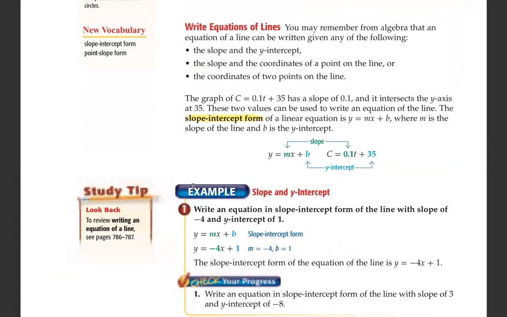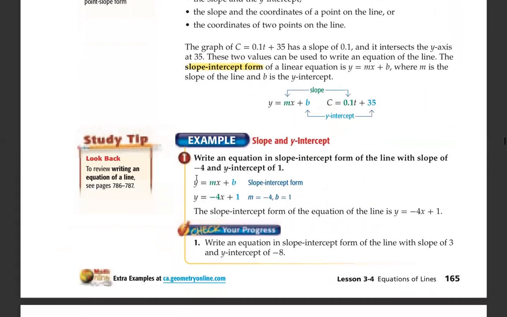First, if you're given the slope and the y-intercept of the line, we have this slope-intercept form. Slope-intercept form is written as y equals mx plus b, where m represents the slope and b represents the y-intercept.